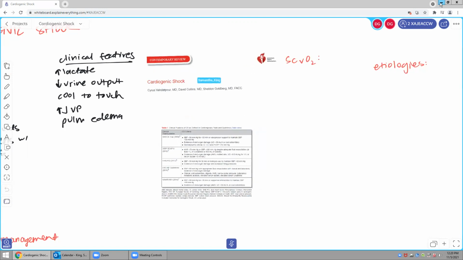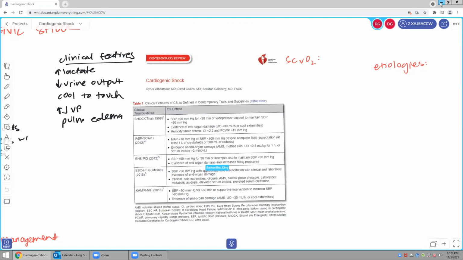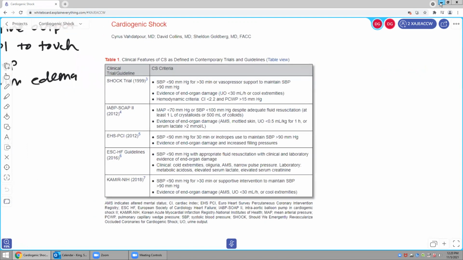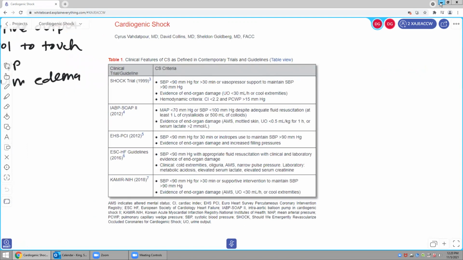This is a review from the AHA from a few years ago, 2018, I believe, but how several different trials have defined cardiogenic shock. But the common denominators are really hypotension and a low cardiac index, plus or minus evidence of end organ dysfunction. So do we think that this patient has cardiogenic shock?